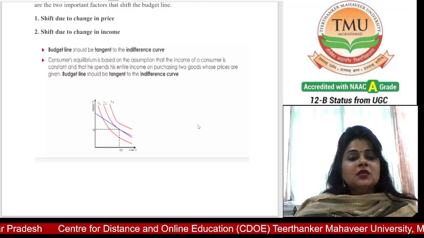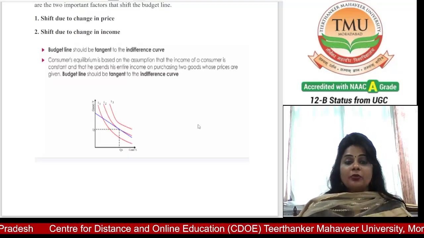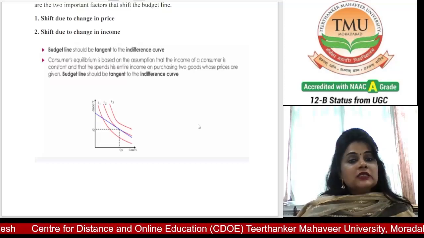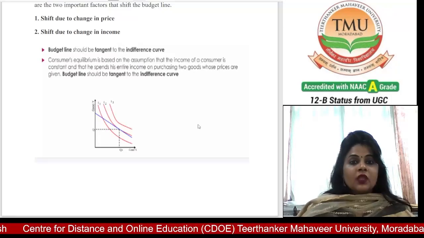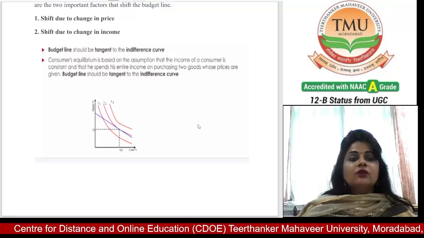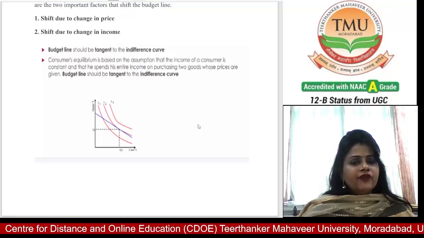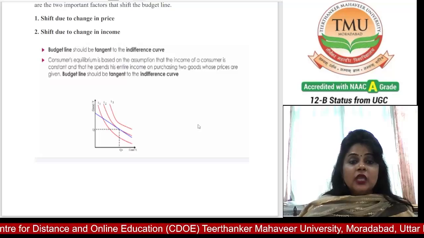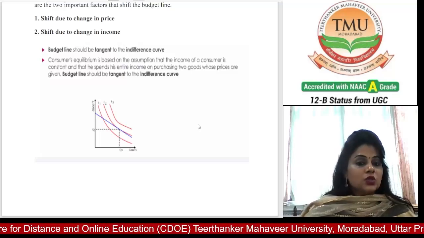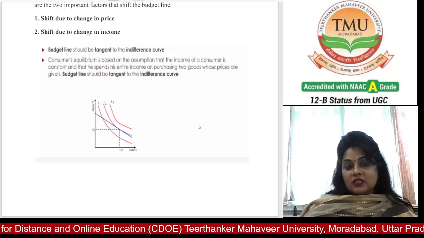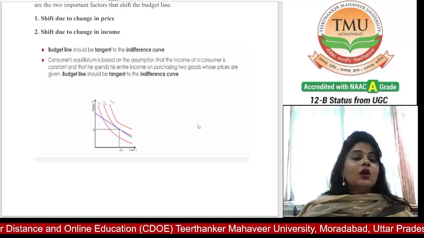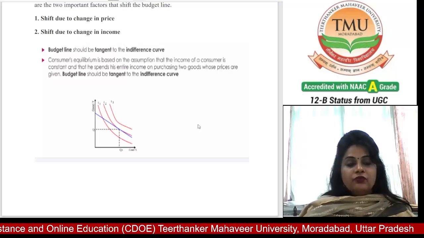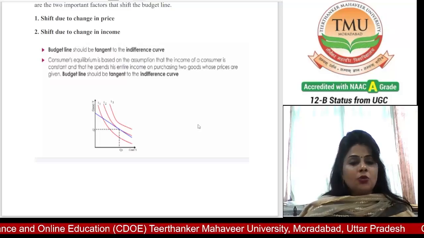A budget line shows combinations of two goods a consumer is able to consume, given a budget constraint. An indifference curve shows combinations of two goods that yield equal satisfaction. I have also explained equal satisfaction, how a consumer gets equal satisfaction within the many combinations.